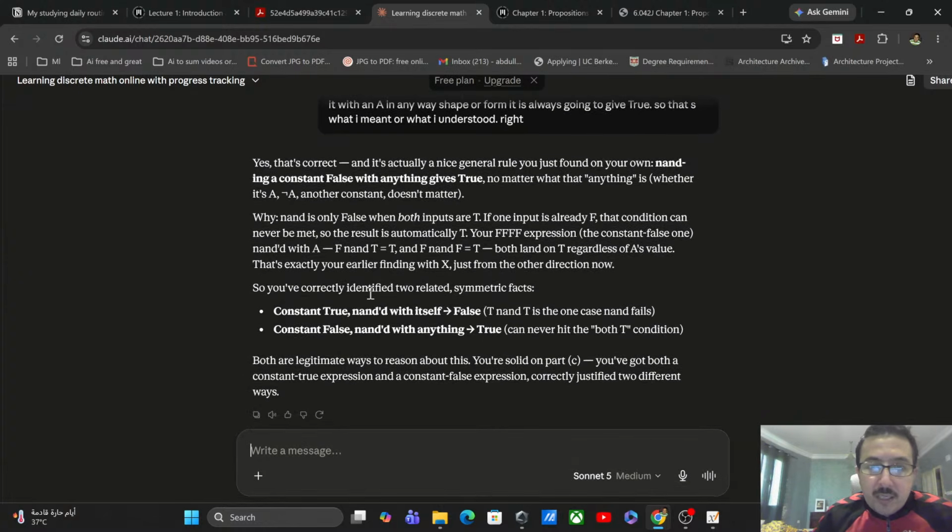So you identified two really key facts: constant true NAND with itself is false. T NAND T is the one case that fails.